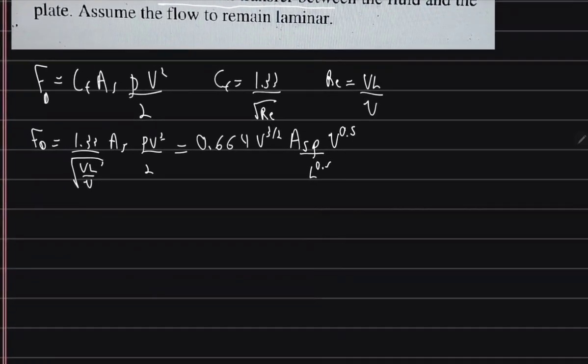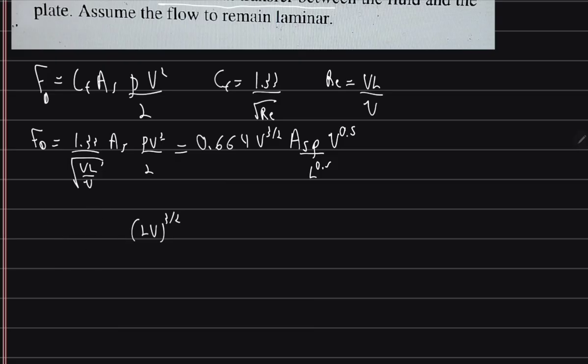Now if we say this velocity v is doubled, we say FD2, we substitute in 0.664 times v times 2 to the 3 halves, and all of this is just the same. I'm not going to worry about that because it will all end up canceling out.